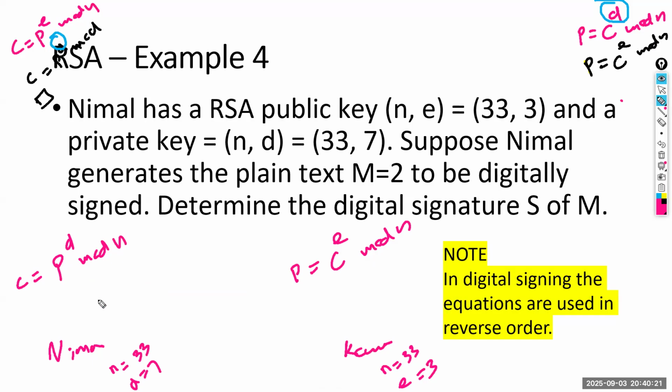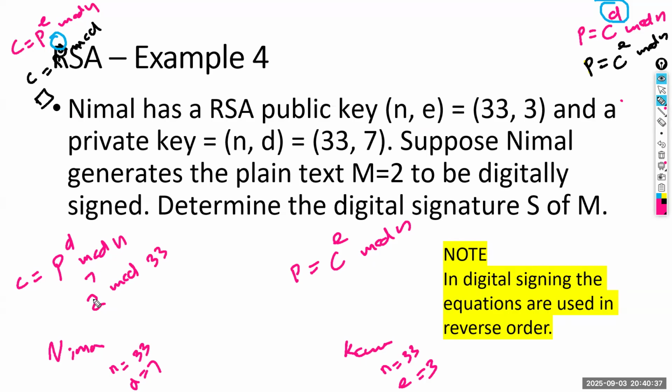P to the power d mod n. P is the message, that is 2 to the power 7 mod 33.